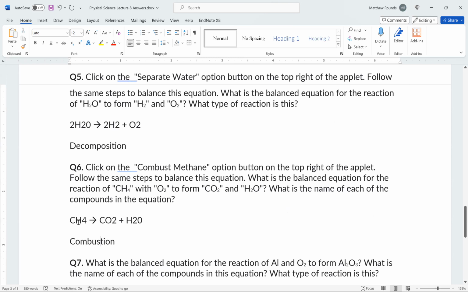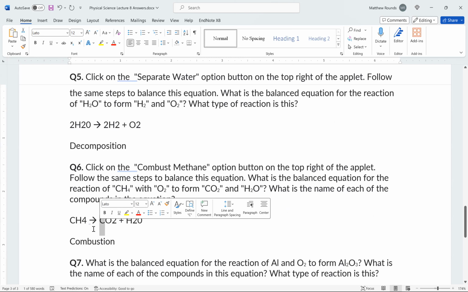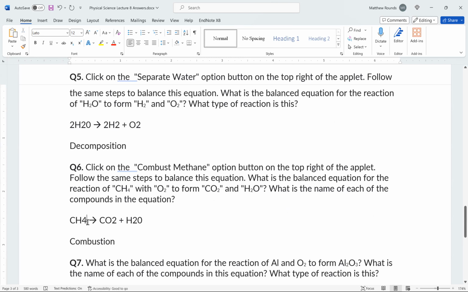Okay. There is one C on the left and one C on the right. That's good. Oh sorry, there's an O plus O2. I missed this part. And then there's O2 on the right, but there's also one here. So that's three O's and you've got two on the left. So that's out of balance.